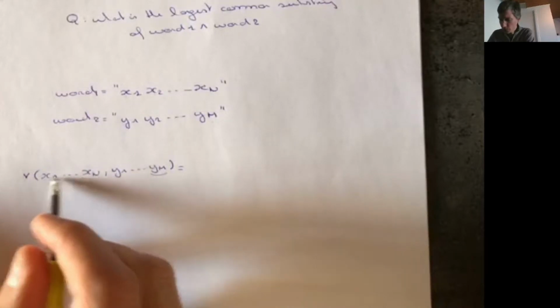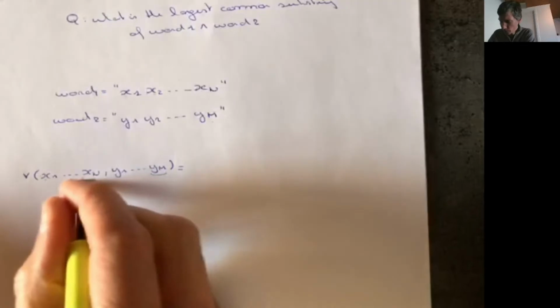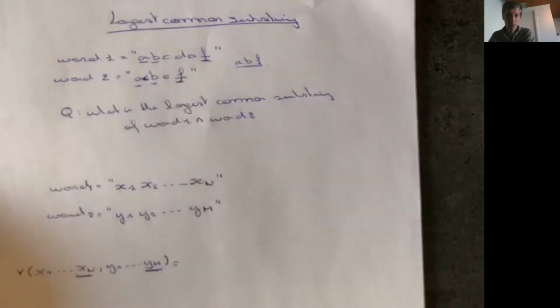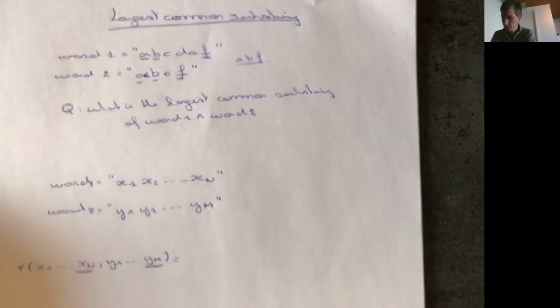So if you have a common substring between x1 until xn and y1 until ym, then it's possible that these two last letters are the same. And if they're the same, they can be part of the longest common substring. So for example, here f was the same, so you can think maybe they're part of the longest common substring.